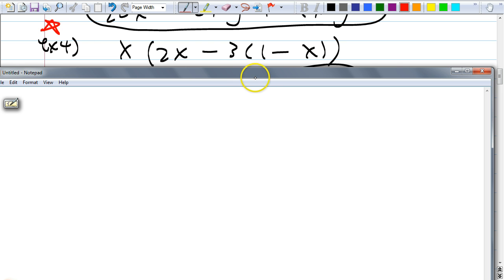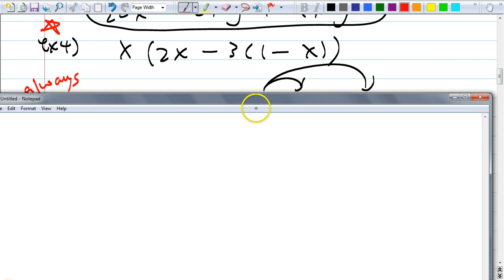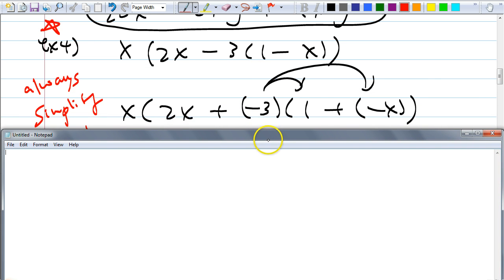You can always simplify, right? Couldn't we distribute that negative 3 within the parentheses first? So that you get some kind of polynomial inside the parentheses first. Does that make sense? So if you have parentheses inside the parentheses, you should always simplify that inside, right? By distributing it. So can somebody tell me what I get if I do that?